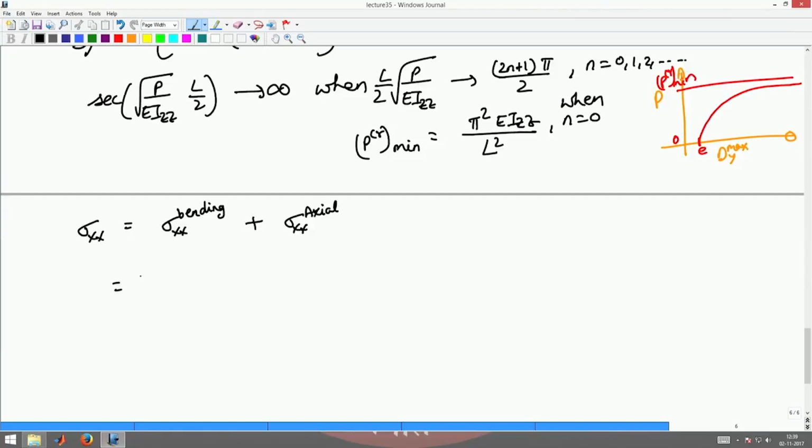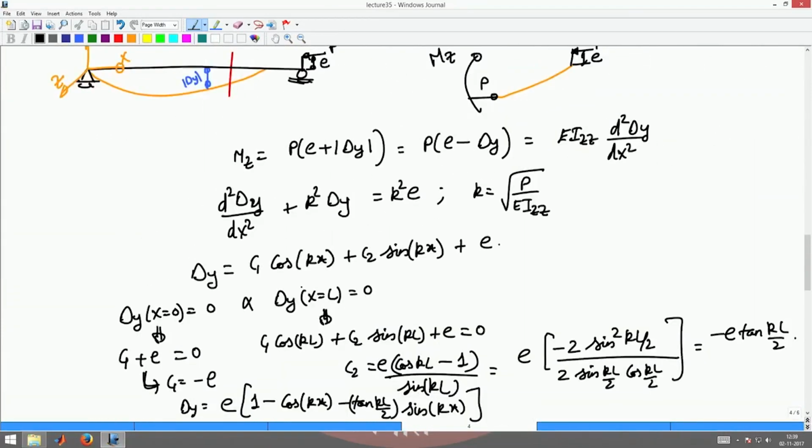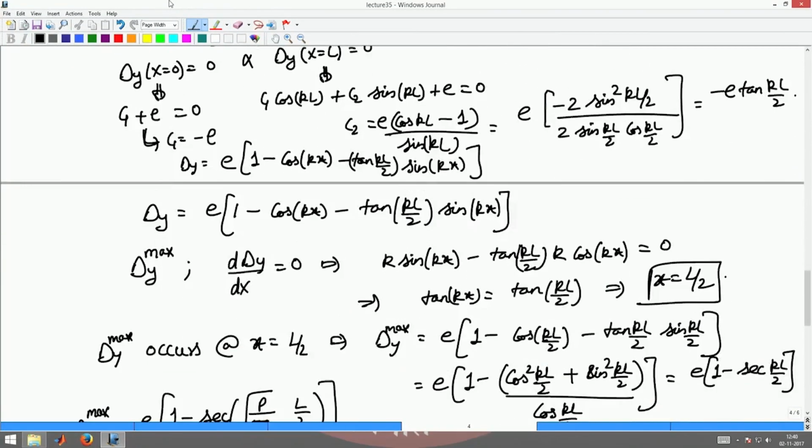Bending stress is given by minus Mz by Izz into y minus y naught from the bending equation, and the axial part is given by P by area of cross section A. Now, I know Mz from our previous expression, that is given by P into E minus delta y. And I found delta y to be this.